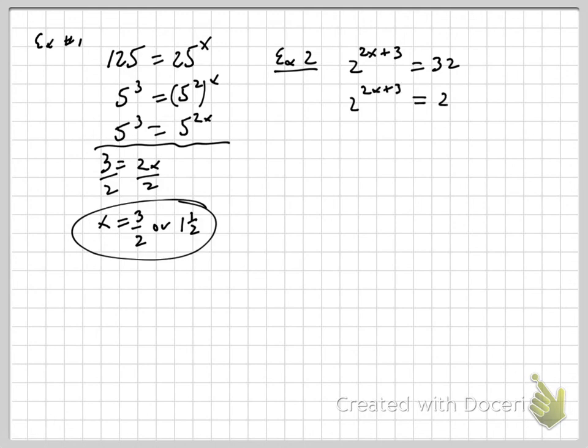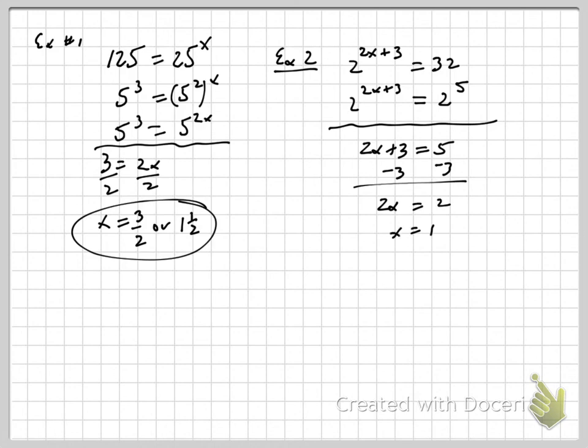And then the 32 is 2 to the 5th. So there's no properties to worry about, so I can do my squiggly line, and I'll have 2x plus 3 is equal to 5. Subtract 3 from both sides, and I get 2x is equal to 2, and x is equal to 1 when I divide by 2 or multiply by 1/2. So there's a second example.